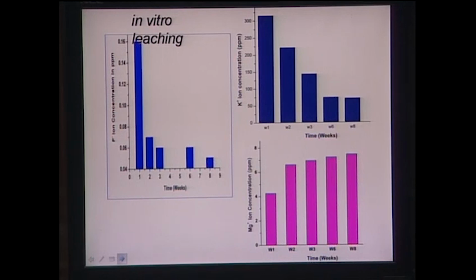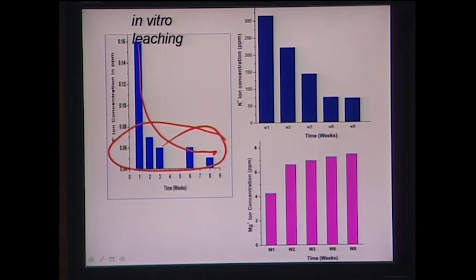As far as the in vitro leaching is concerned, when the fluorine ion concentration is measured up to 7 or 8 weeks, again the fluorine ion leaching is much less than the WHO recommended value, and this value is even less than 0.1 ppm.